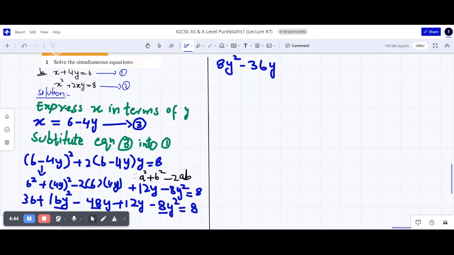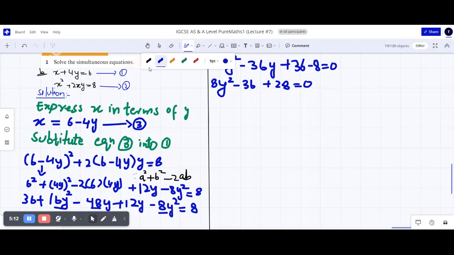Then we shift the 8 to the other side, so it is minus 8, and we get 8y squared minus 36y plus 36 minus 8, which is 28, equals 0.